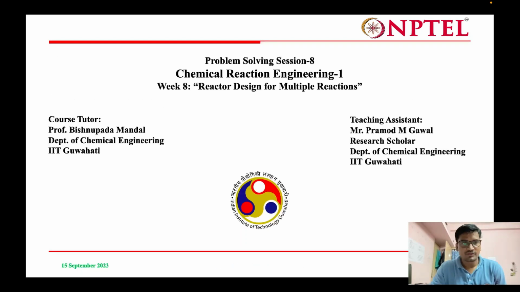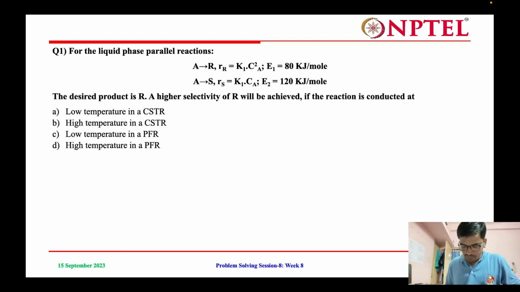So based on that, I'm going to take some problems, starting from the MCQ. For a liquid phase parallel reaction, A gives R, and the rate equation is given as K1 Cs square, with activation energy 80 kilojoule per mole.